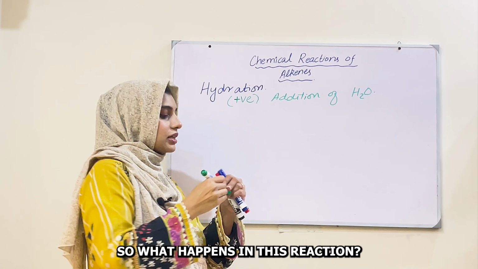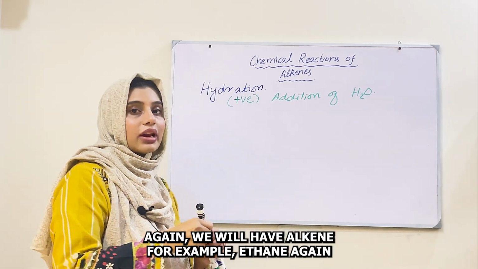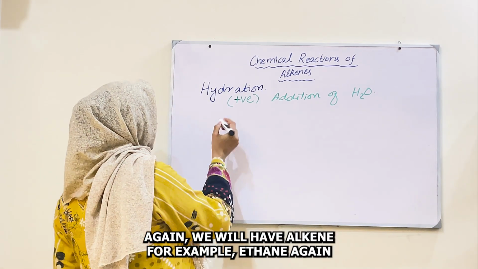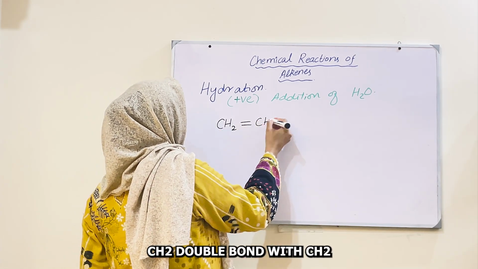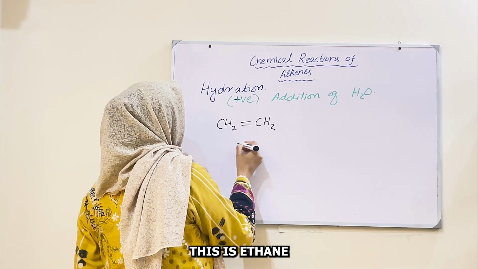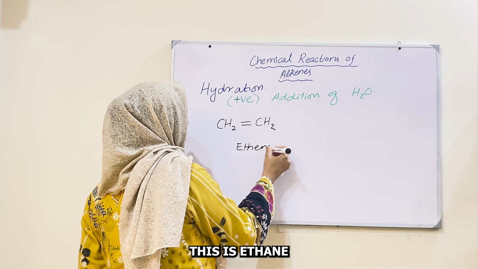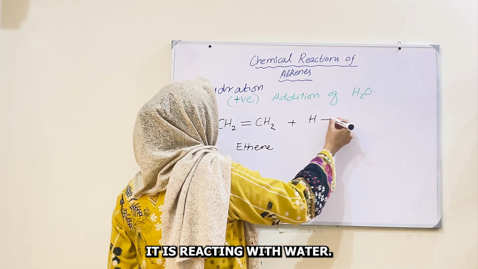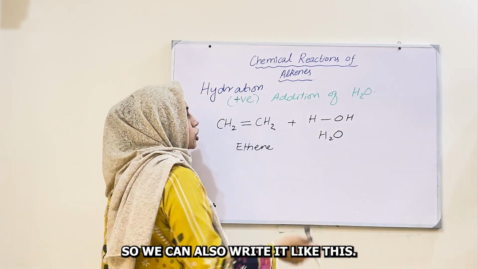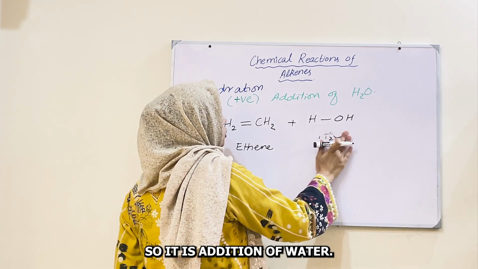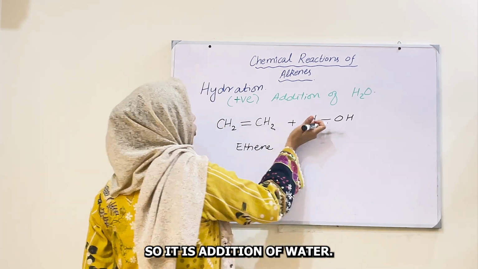So what happens in this reaction? Again, we will have any alkene, for example, ethene, CH2 double bond with CH2. It is reacting with water. H2O is water, right? So it is addition of water.